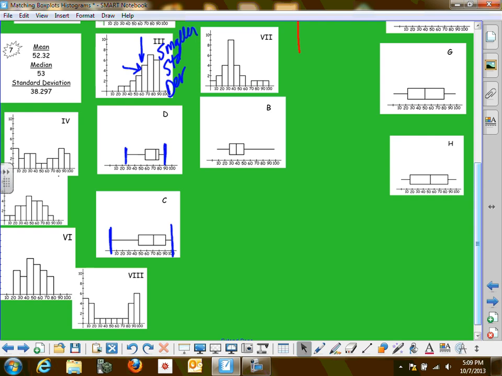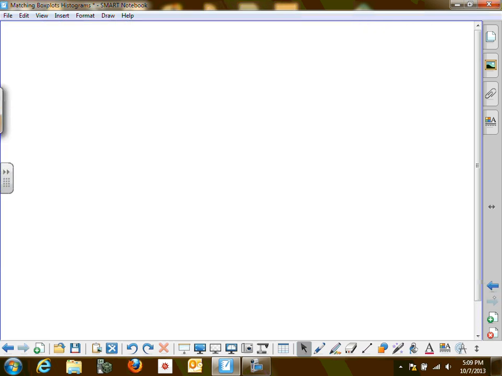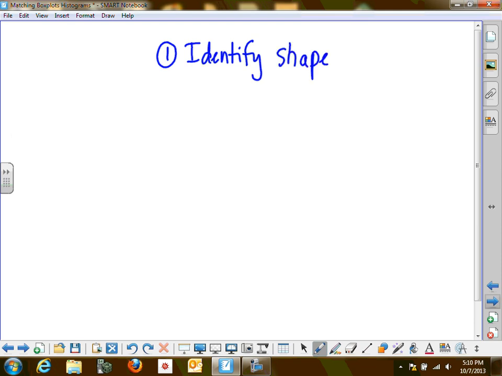So, in summary, your process and your steps are these. Number one, identify shape. You are doing this by comparing the mean to the median, and also the way that the skew on the histogram and the box plot look. So identify the shape.